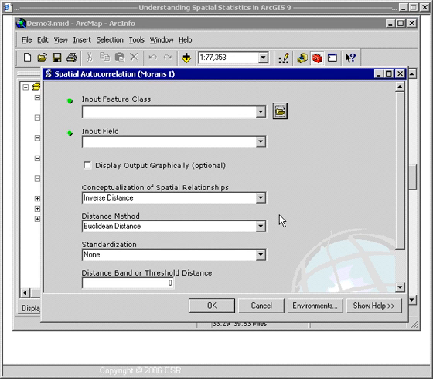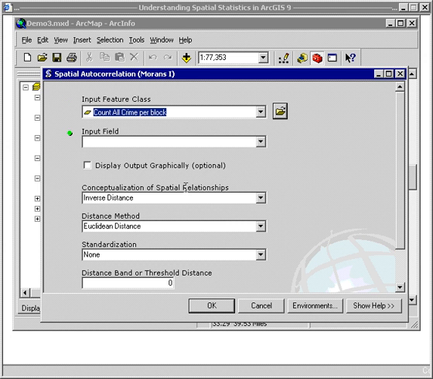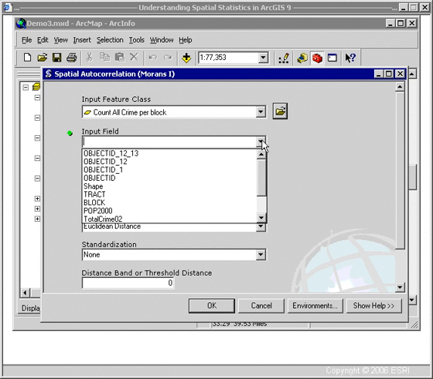Now, our input feature class for this tool is going to be our census blocks, and I'm going to use the count all crime per block. The input field is the attribute value that contains my weight or my count. We're interested in finding out where we have clustering of vandalism that is higher in relation to all crimes.